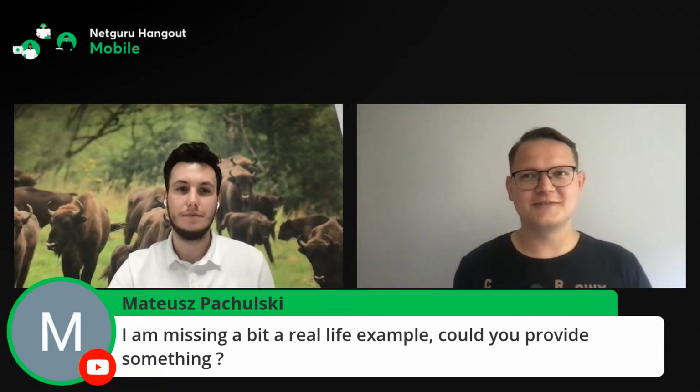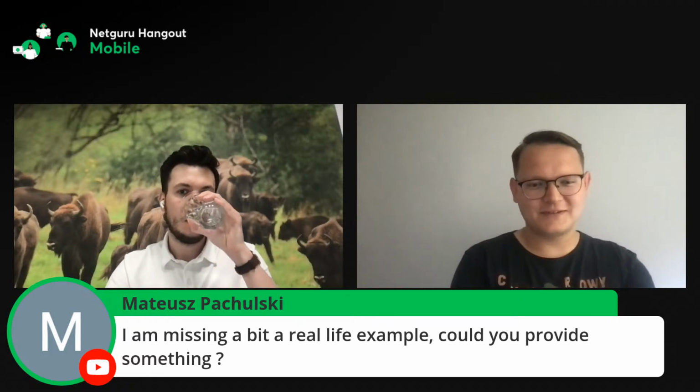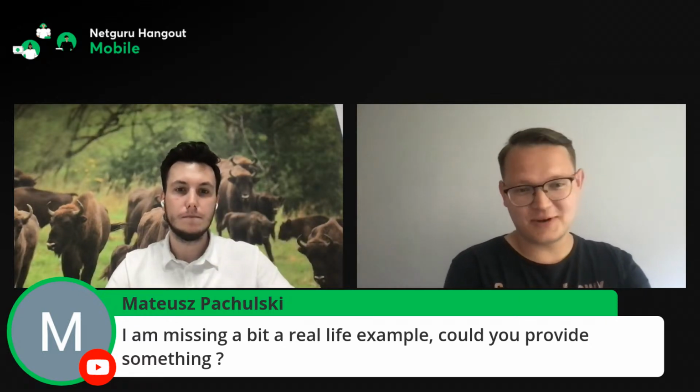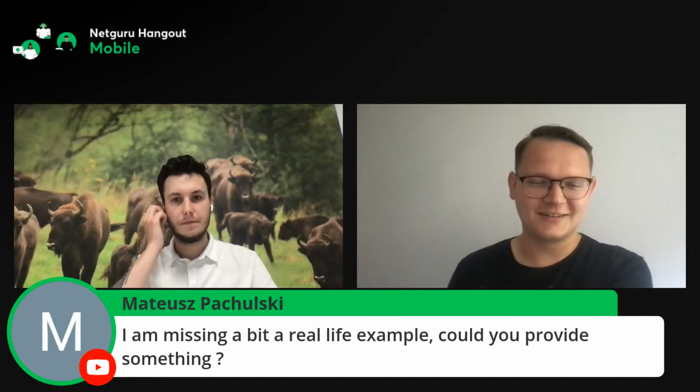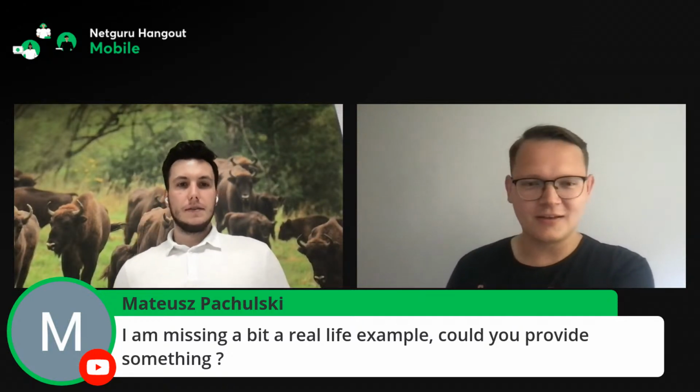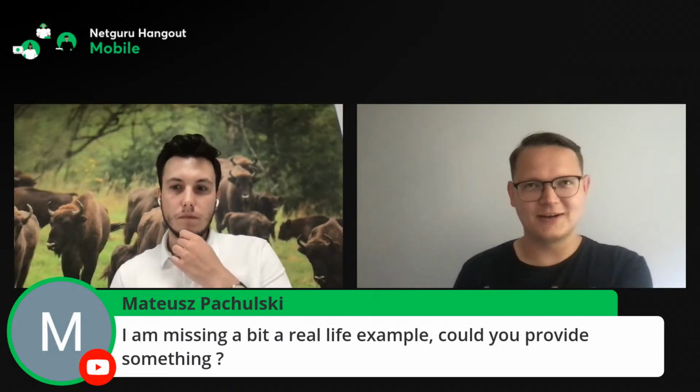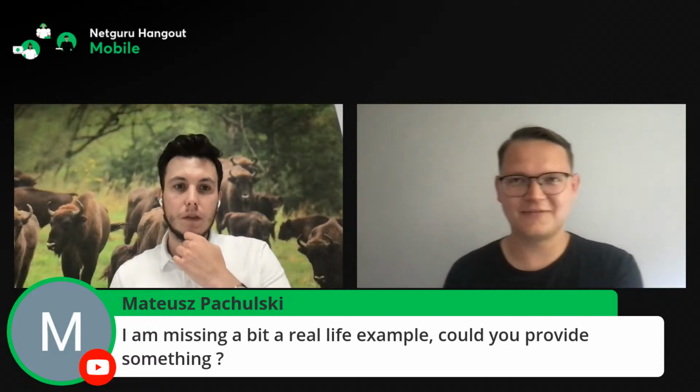Okay, so to sum up, when you have some repetitive things, you can create an annotation processor, but you need to be aware that it cannot be too complex, right? To not make your life even harder.